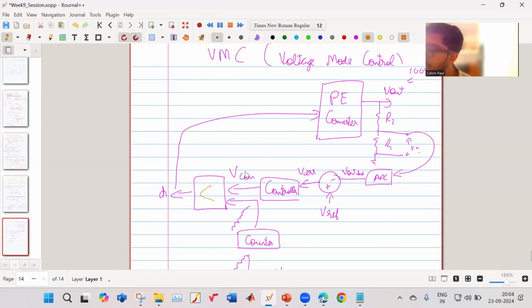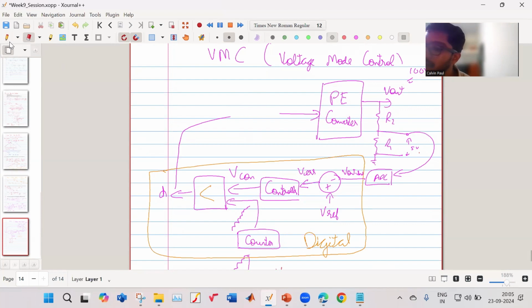So this entire part is digital. Okay. Then over here, there will actually be something known as a gate driver.